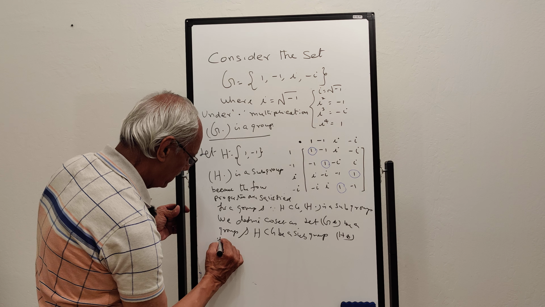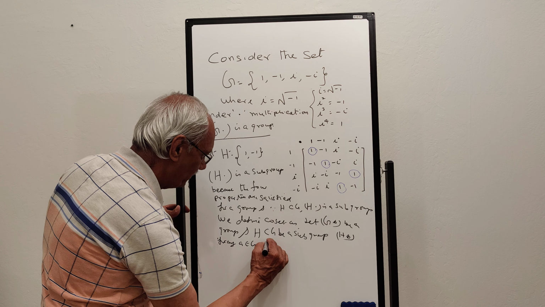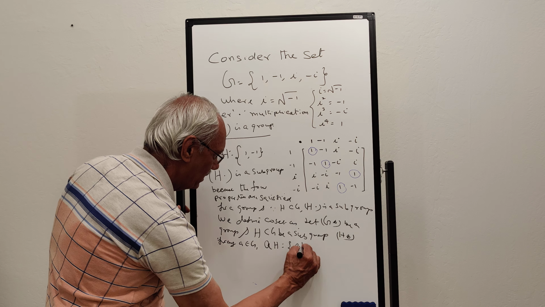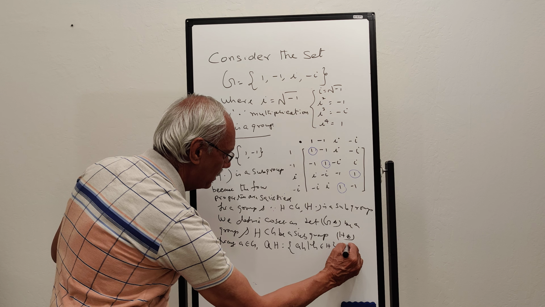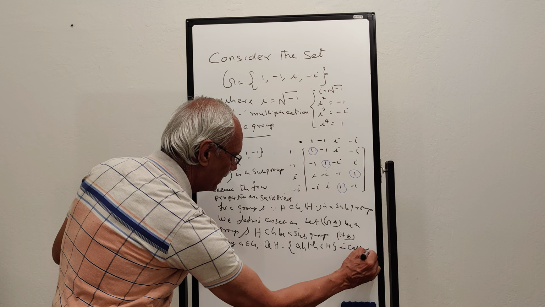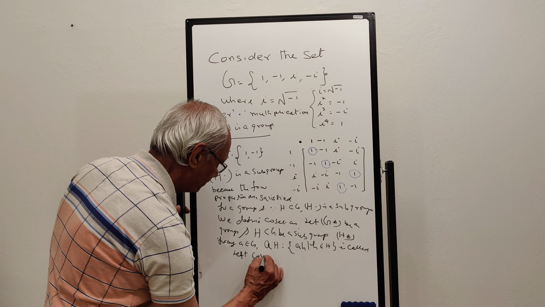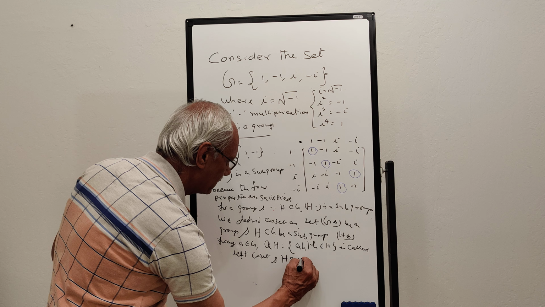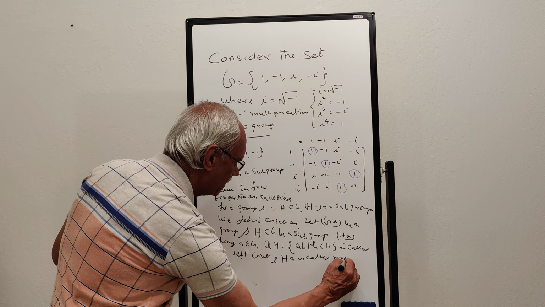For any A belonging to G, AH, which is equal to A into H where H runs over H, is called a left coset. And HA is called a right coset.